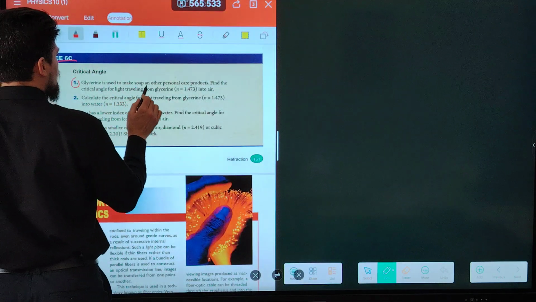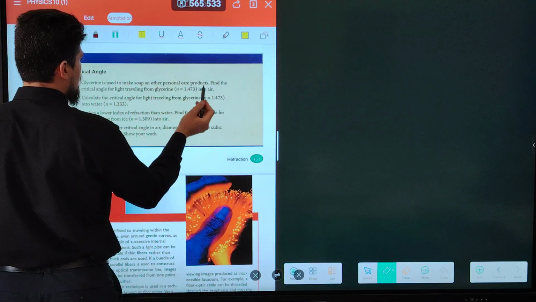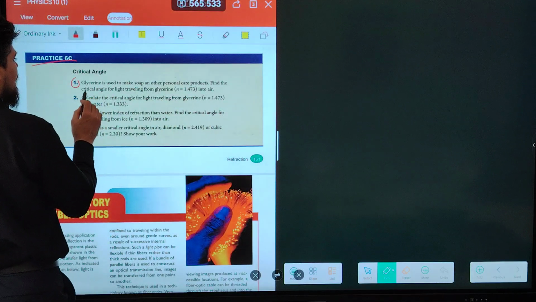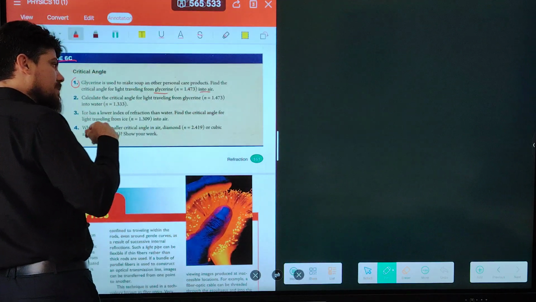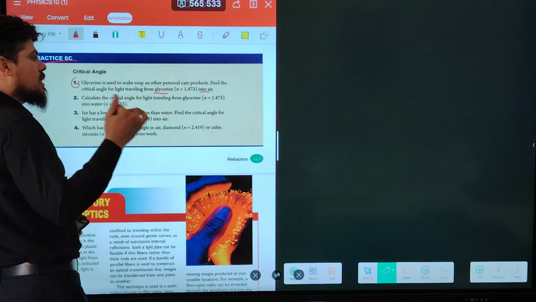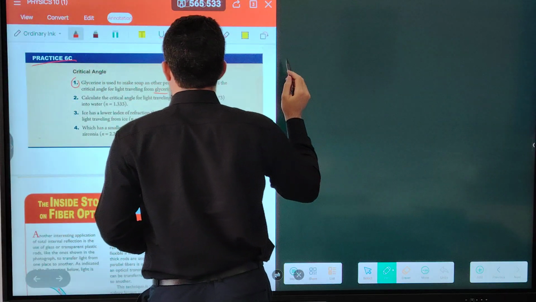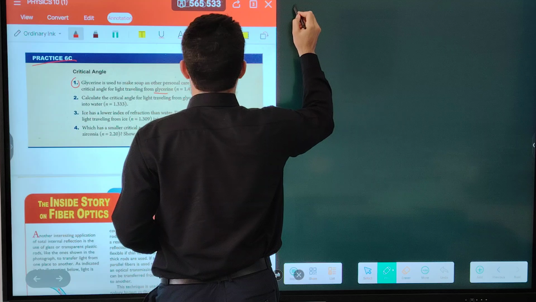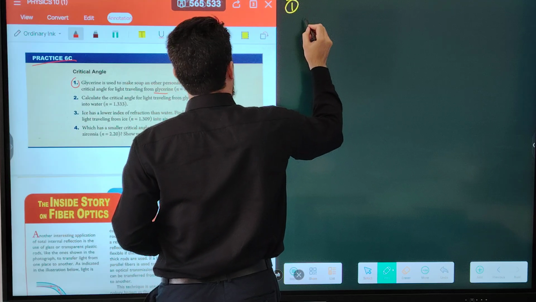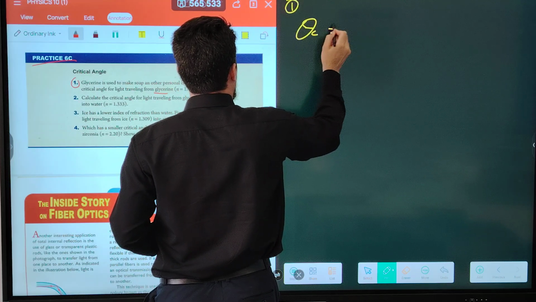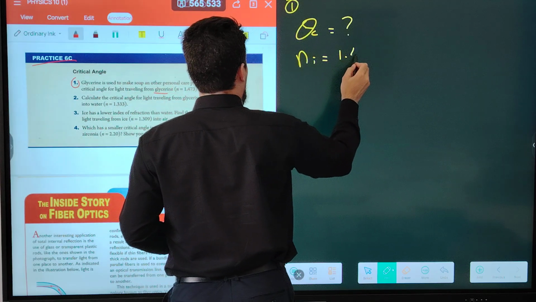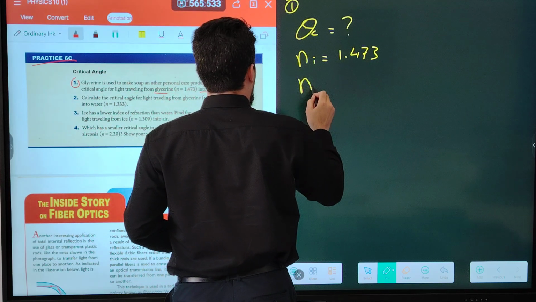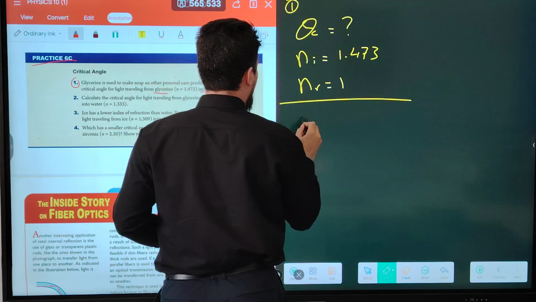Okay? Question 1 in practice 6C. Glycerin is used to make soap and other personal care products. Find the critical angle for the light traveling from glycerin into the air. From glycerin, high index, to low index, the air. Theta critical is unknown. Ni for the glycerin is 1.473. Nr for air is equal to 1.